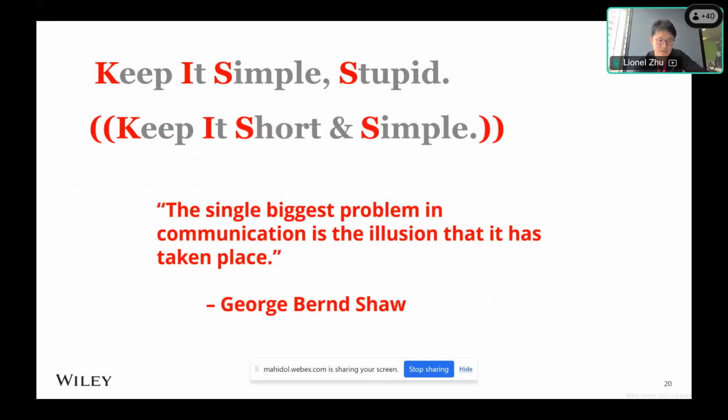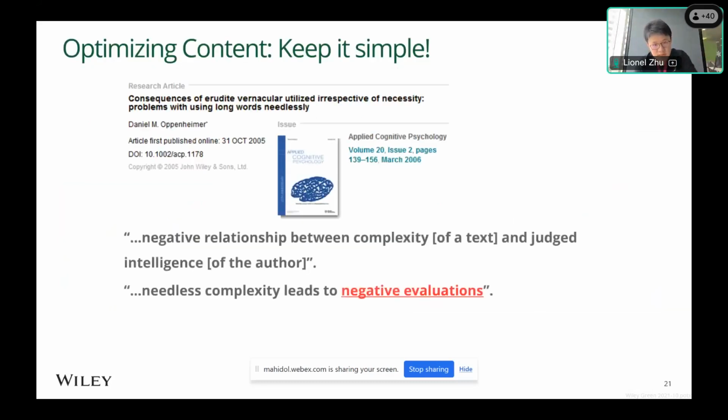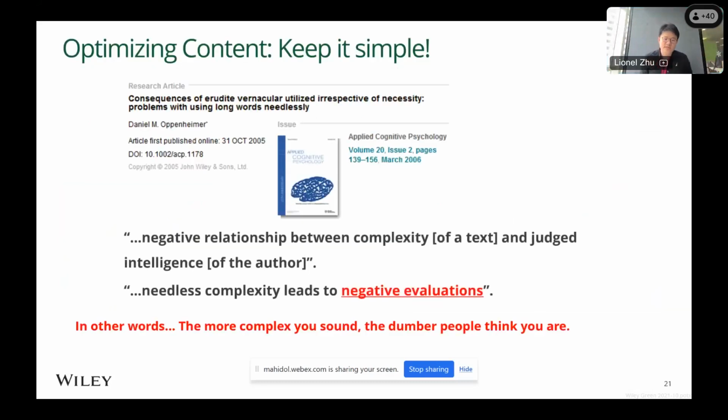What matters is, after publication, we need to get your paper spread, to do the promotion, let more people read it, cite it, and then create novelty based on what you have done. So, language-wise, keep it simple and keep it short. In other words, the more complex you sound, the dumber people think you are.